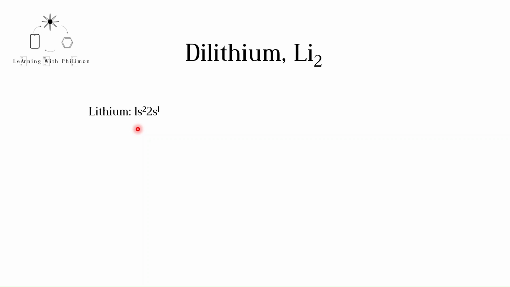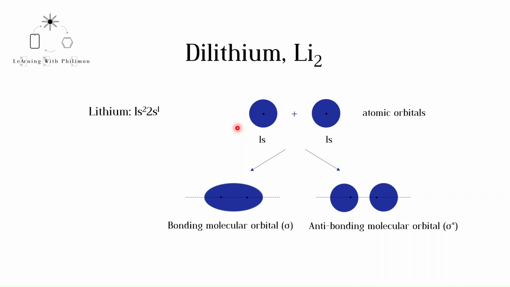When two atoms form a covalent bond, their atomic orbitals overlap. For example, when the two 1s orbitals of the two lithium atoms overlap, a bonding and an anti-bonding orbital are formed. In the bonding orbital, the electrons can occupy the space between the two nuclei, denoted by the black dots.